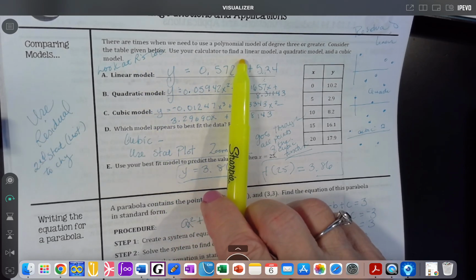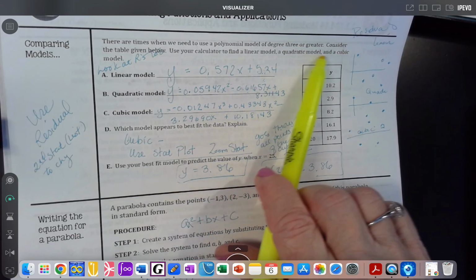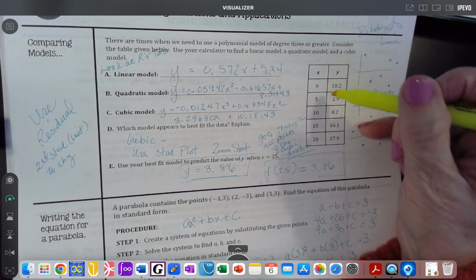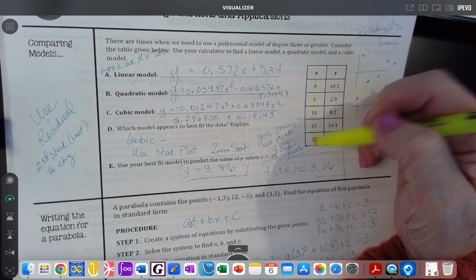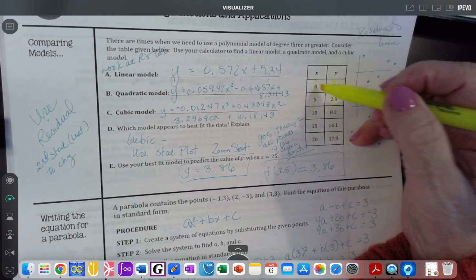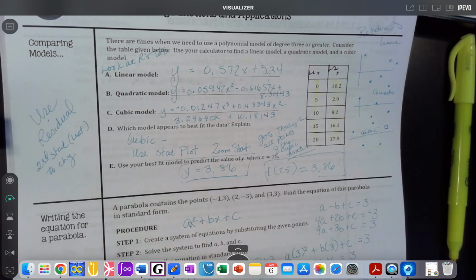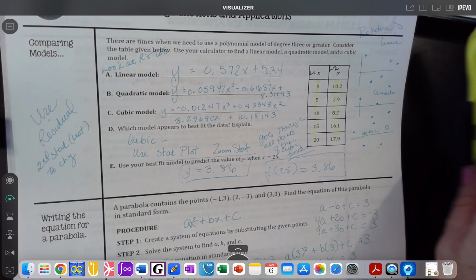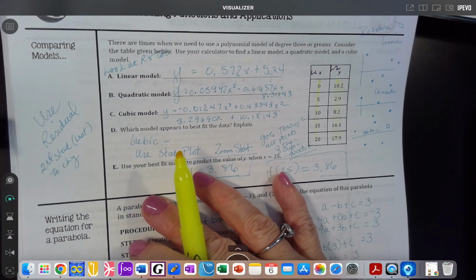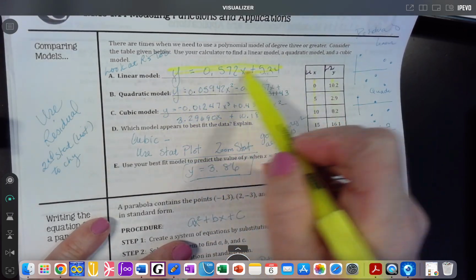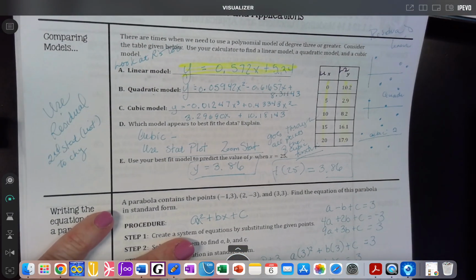We want to use a calculator to find a linear model, a quadratic model, and a cubic model for this data. Okay, so here's our data. You're going to put this data into your calculator, under L1 and L2. If you put that all in and hit linear regression, this should be the equation you get. So do that and check that that's the equation you got.